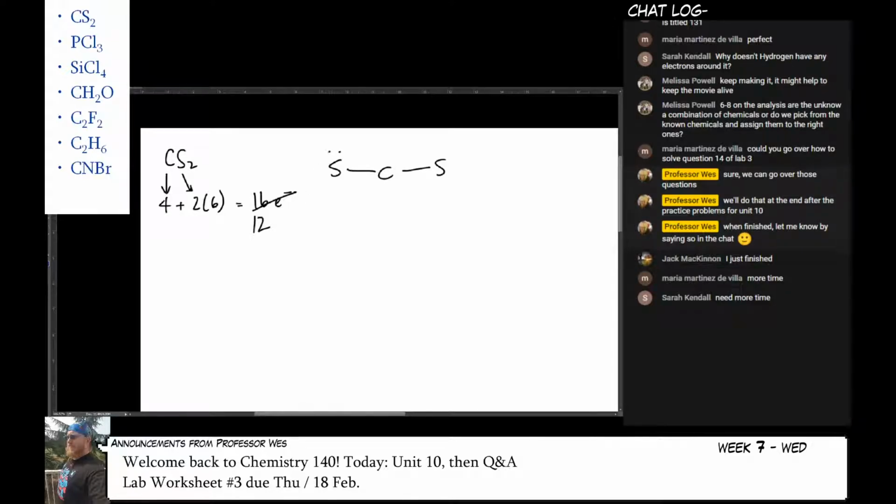We'll put the remaining 12 around the outside. 6, 7, 8, 9, 10, 11, 12. And then we'll put the remaining 0 on the inside, so can't do that. I'm not at an octet here. So I'm going to erase a pair over here to make a double bond. I'm going to erase a pair over here and make a double bond. There's the correct structure.